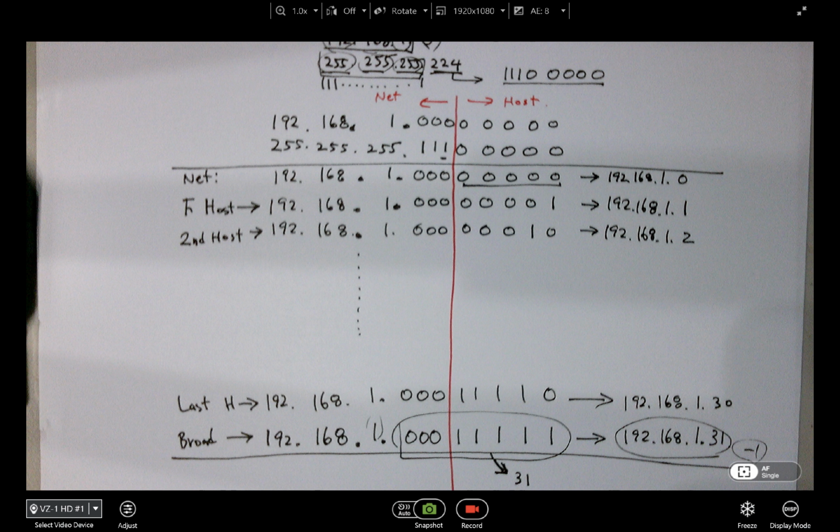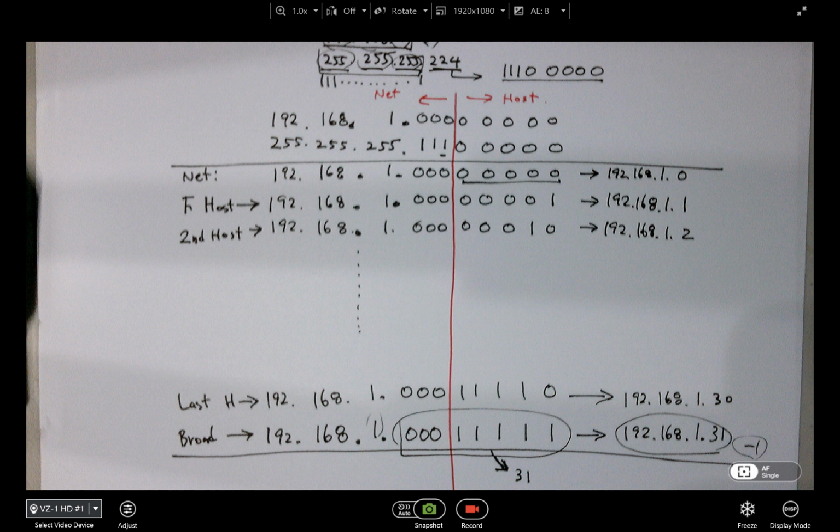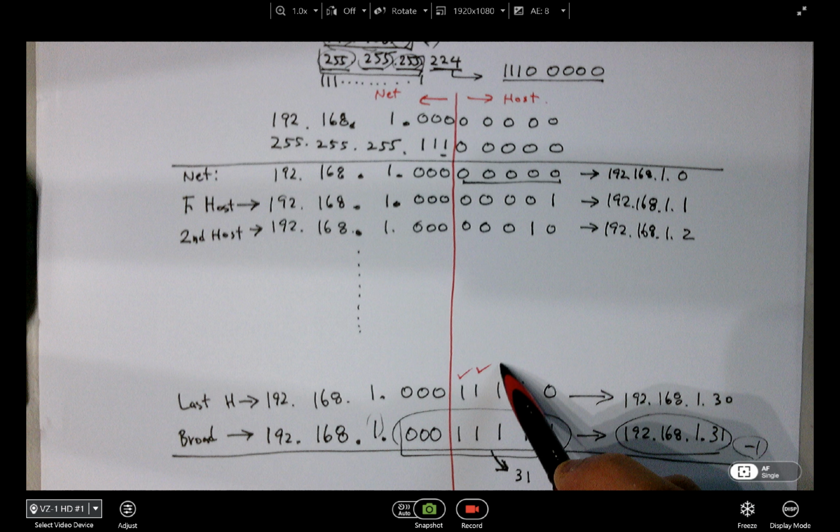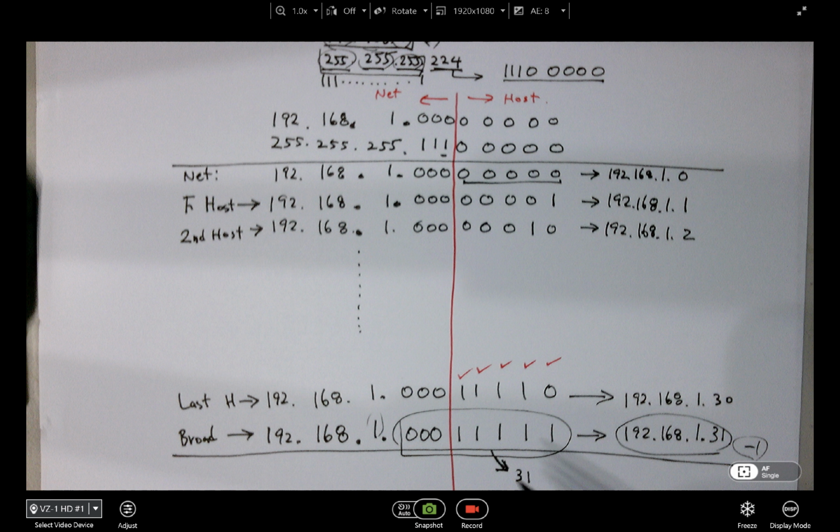Okay, so now here's my question. What is the number of usable host IP addresses? So first, to find that out, you have to count the number of bits used in the host portion. In the host portion, 1, 2, 3, 4, 5, the 5 bits are used.